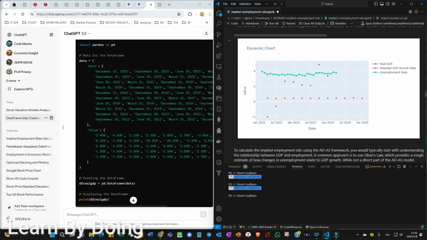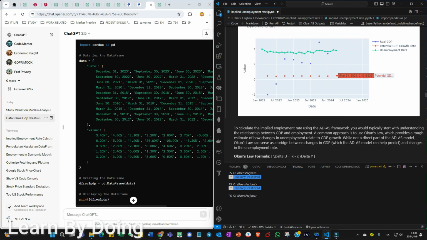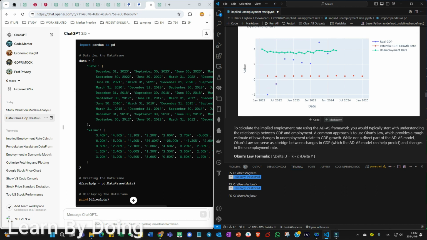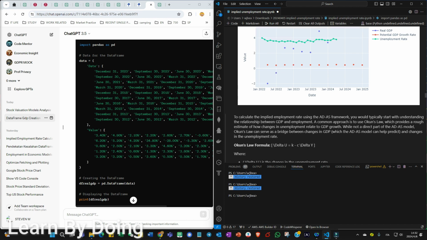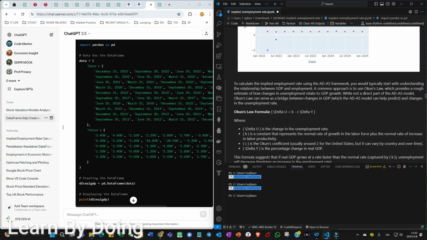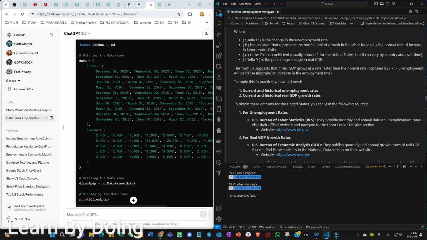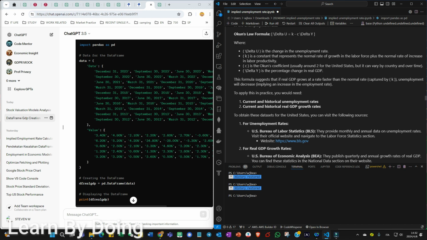Okay, so at this point, I want to tell you that I was using the full GPT-4 model. However, whenever it had some serious problem about the data structure and so on, and I could not find the solution, at this moment I actually copied all of the Okun's law formula here and fed it to GPT-3.5 to speed up the process.